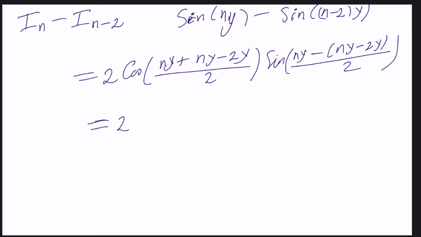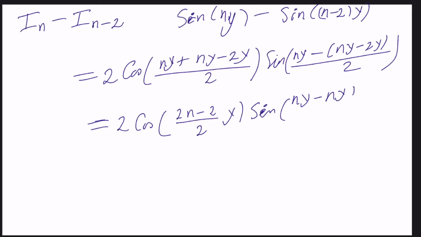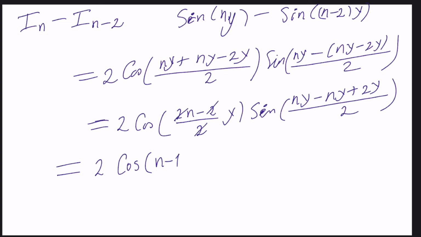So this is 2 times cosine of ((2n minus 2) divided by 2) y times sine of 2y divided by 2. The 2s reduce, and this is cosine of (n minus 1)y times sine of y.